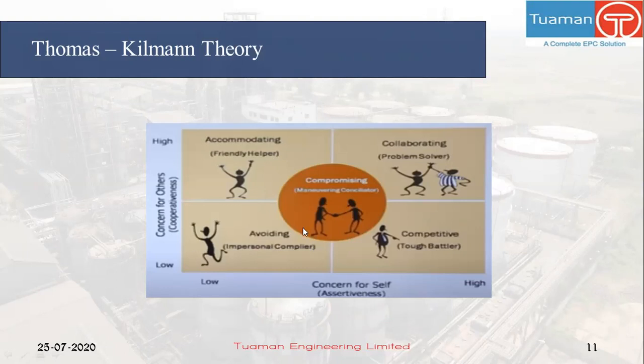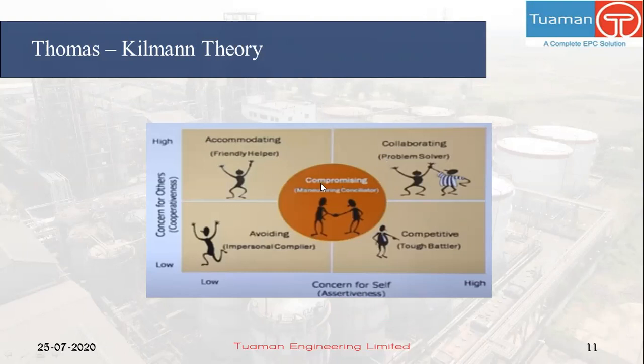And the opposite of avoiding is collaborating. These are the people who are very high in assertiveness as well as high in cooperativeness, and it's a very good strategy and behavior, because it is a win-win situation. You like to be assertive, and at the same time you like to think for others, which leads to a win-win situation.